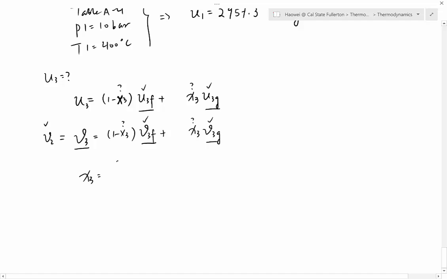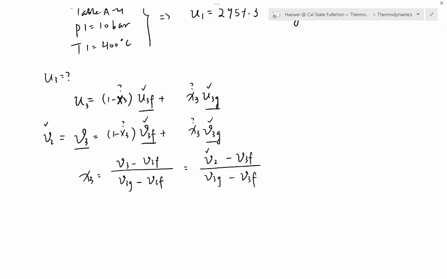X3 is equal to nu3 minus nu3f divided by nu3g minus nu3f. And then we know nu3 is equal to nu2, so rewrite nu3 with nu2. I found nu2 earlier. So what I need is just nu3f, nu3g, u3f, u3g.